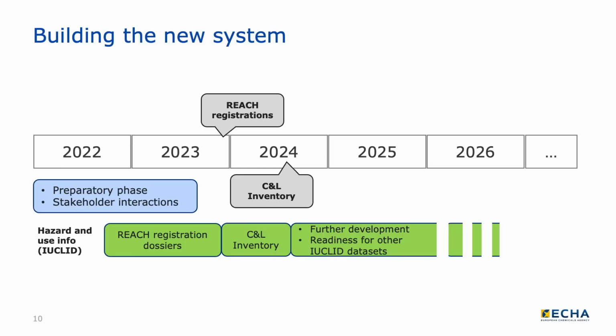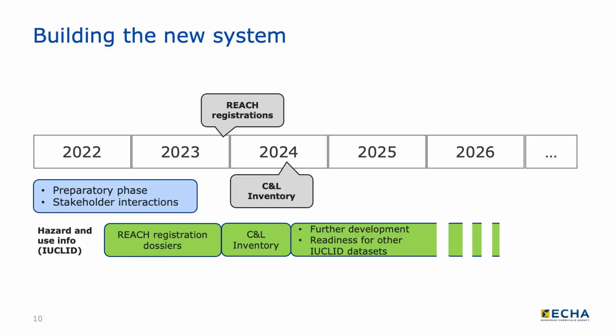We have decided to first work with the hazard and use data in Euclid format. Therefore, the first set of information that will be moved to the new system is the REACH registrations data. This will happen at the end of this year. The second part that will follow is the CNL inventory around mid-2024.